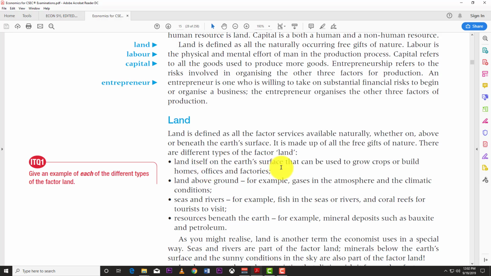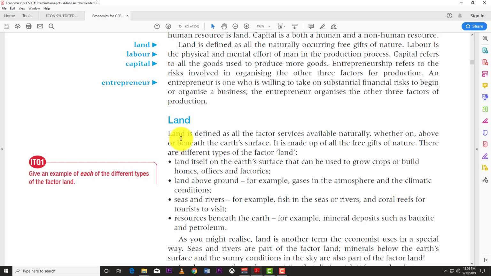Land itself on the earth's surface can be used to grow crops. So the physical land itself they use to grow crops, or you use to actually construct the premises of the business. That is land. So like we said before, land does not include the actual building that you put on. The actual premises is not land, but what you put the premises on, that is land. So all these are examples of land as a factor of production.